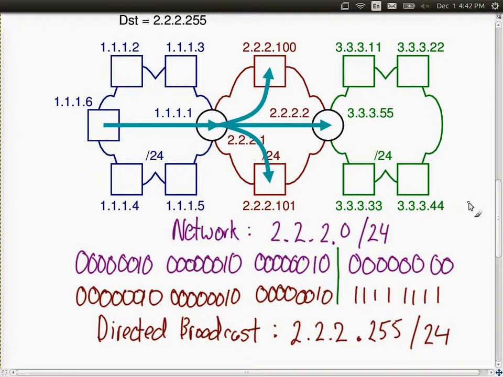What if I want more than 254 computers on my subnet? What would I need? I'd need a different subnet mask, for example /22 or /16, which would allow more computers on that subnet. Although we will not go into the details, in practice, how do you get a subnet mask?